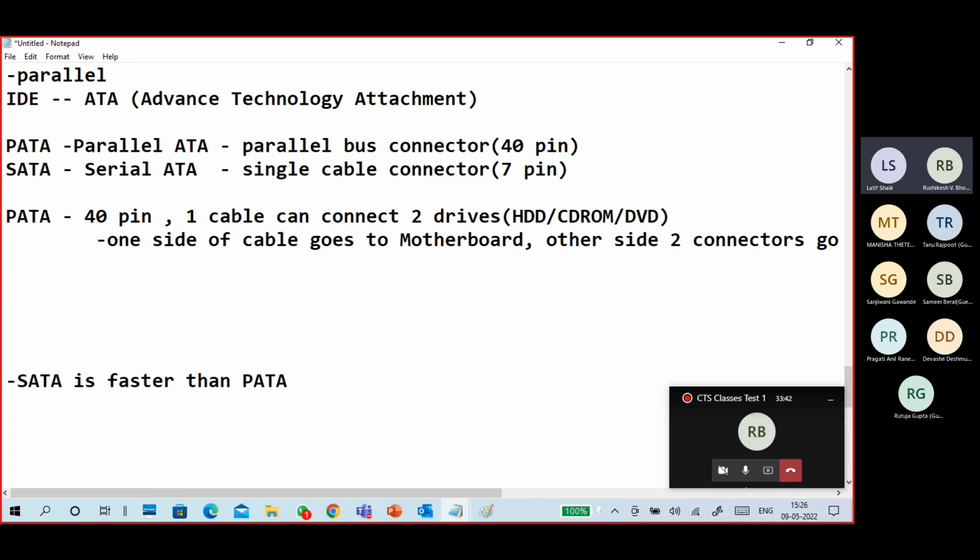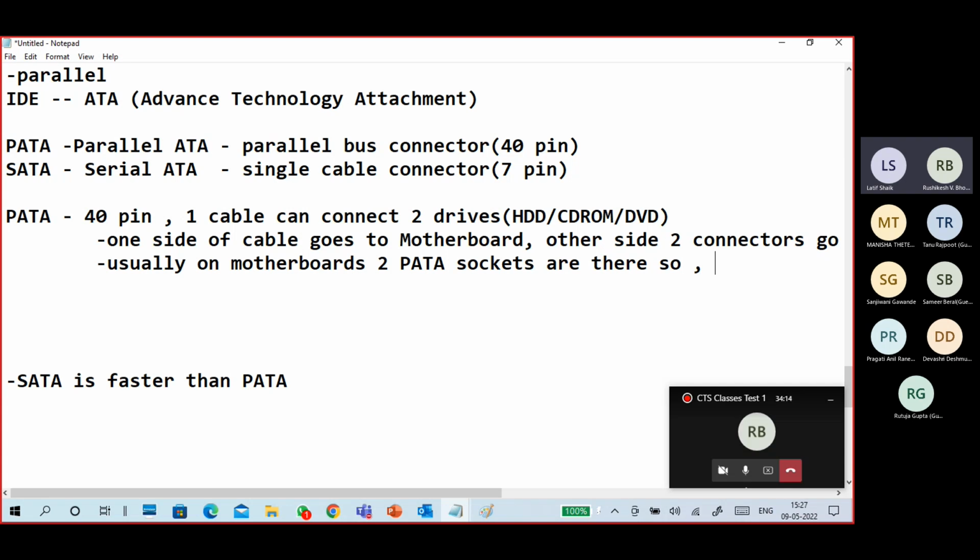Usually on regular motherboards, two PATA sockets are there.